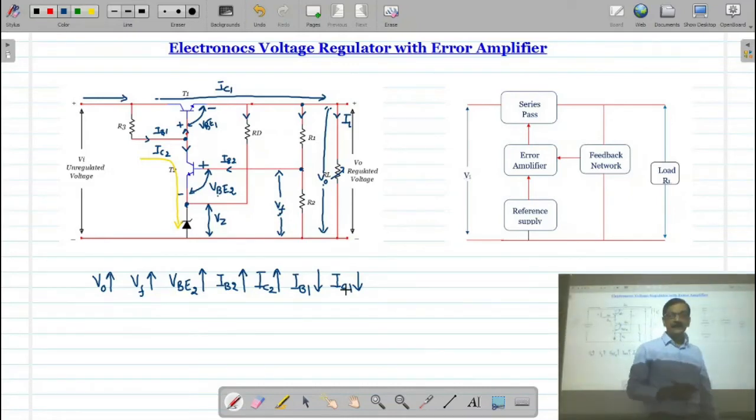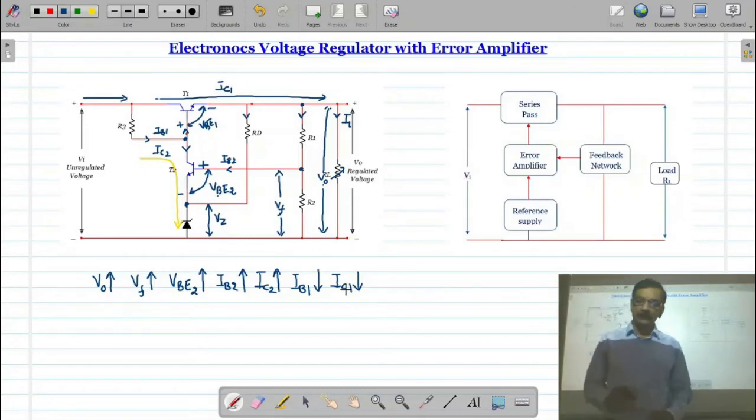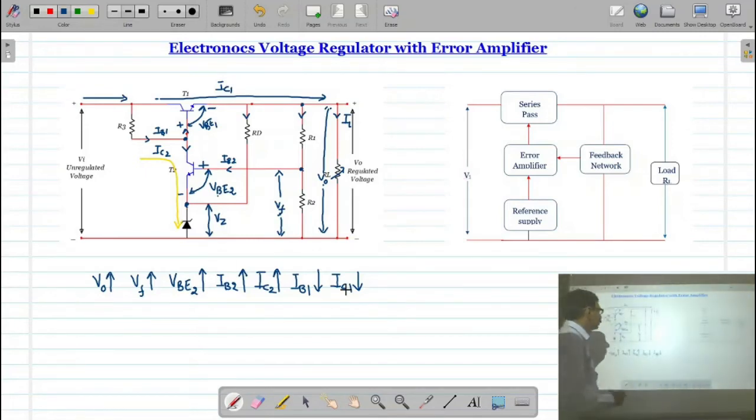Collector current decreasing means that the Q point of your transistor is moving towards the cutoff region. And due to that, whatever the resistance between the collector and emitter is, it is going to increase.